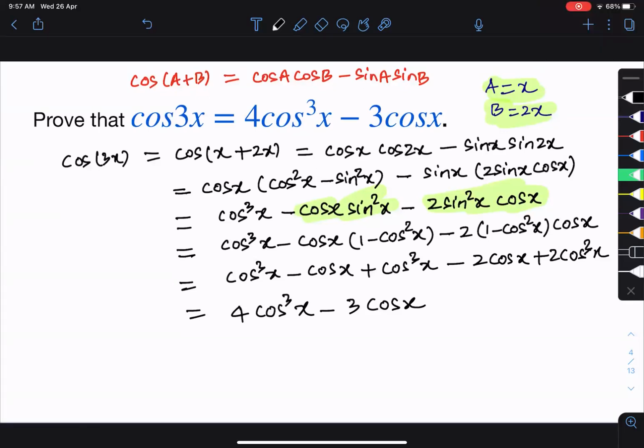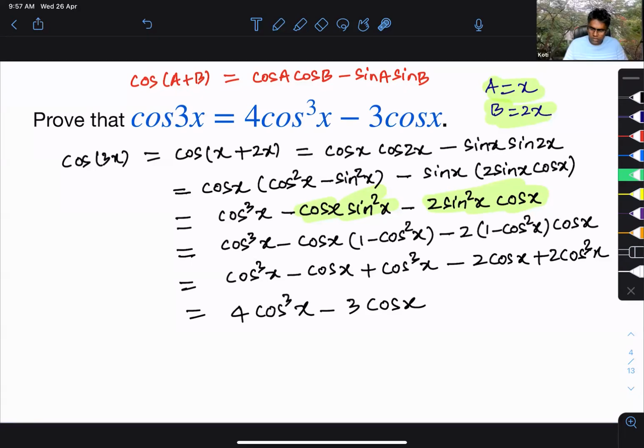Sir, here, like cos 2x in the first step, isn't it supposed to be in brackets like in the previous problem, where sine 2x was in the brackets? Why isn't 2x in brackets here?